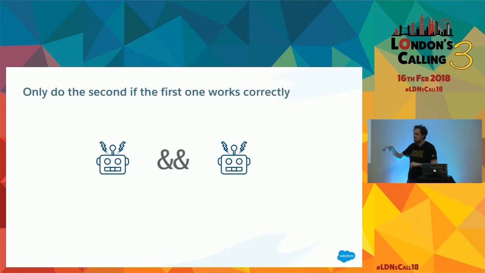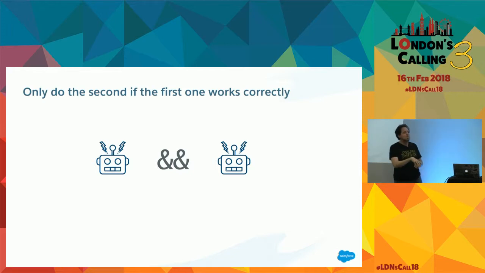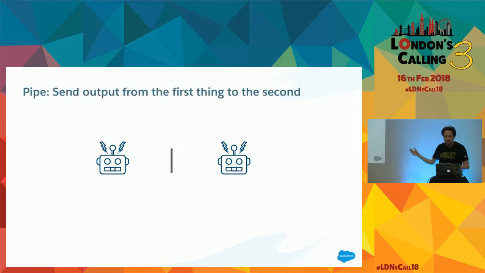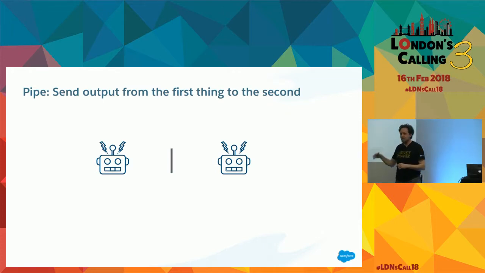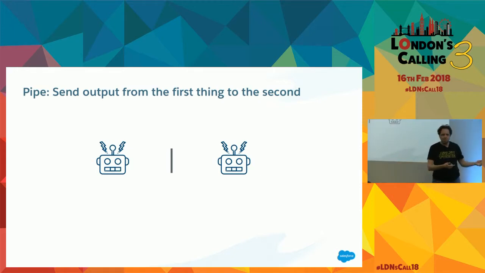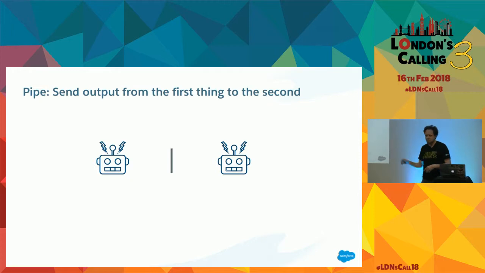If I want thing two to happen only if thing one didn't throw an error, then I put a double ampersand. But if I want thing one to pass its data to thing two, then I use this thing called a pipe symbol. And that's why we call it a pipe symbol, because we're piping the data from thing one to thing two. Does anyone know that's why they called it a pipe symbol? Yeah, a few of you do. Yeah, that's cool. Now the rest of you do.